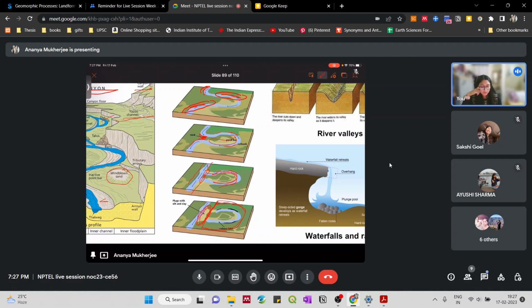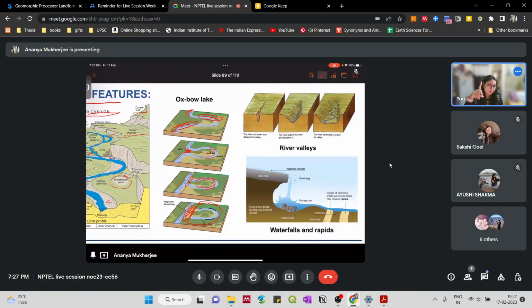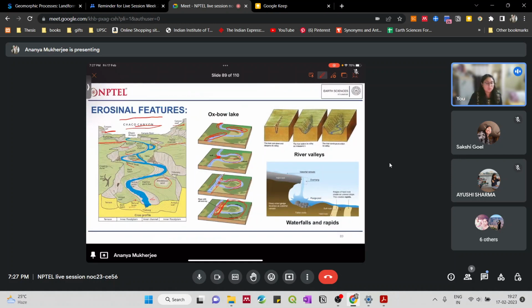This area is going to get deposited and this area is going to stay like this. This is not going to get any more water supply. So an oxbow lake is formed by both the erosional nature of the river channel and also the depositional processes that are carried by the river channel.